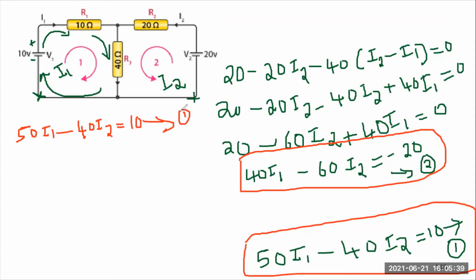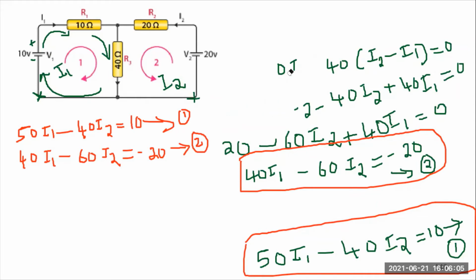Second equation: 40I1 minus 60I2, that is nothing but minus 20. So we have got two equations and two variables. Now I would like to solve these two equations.